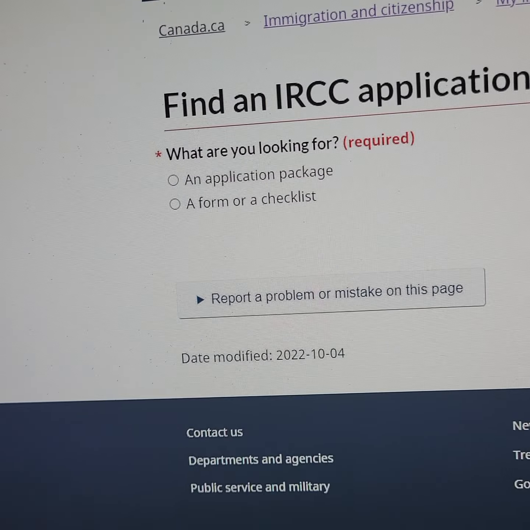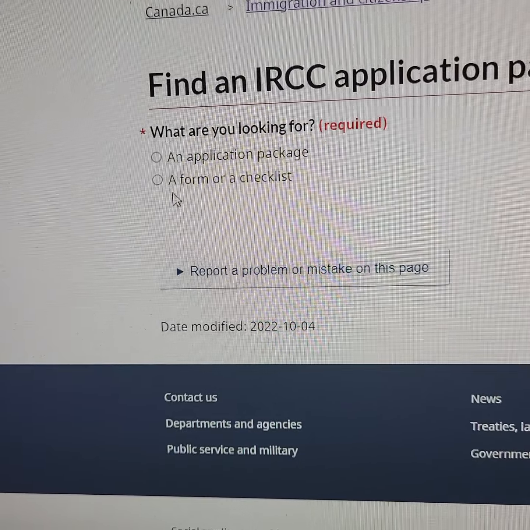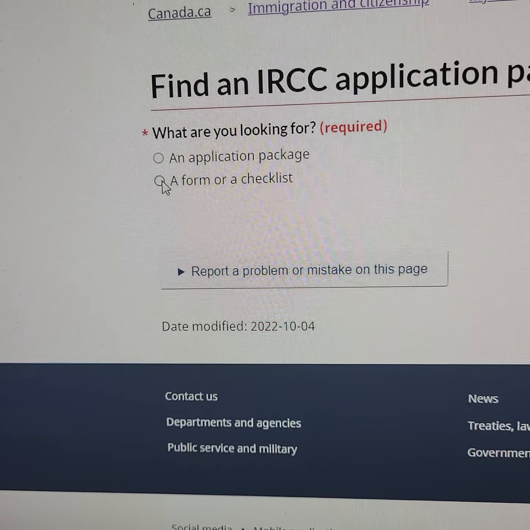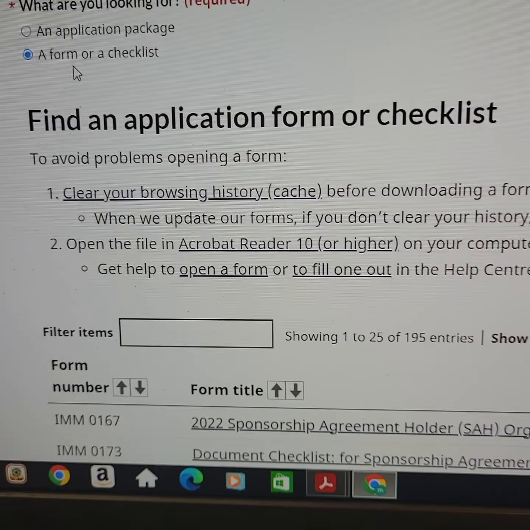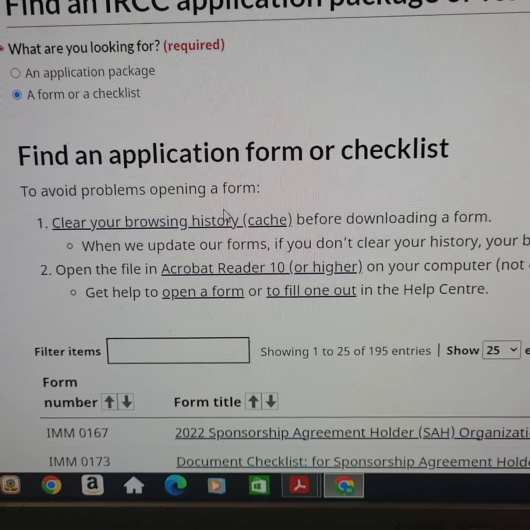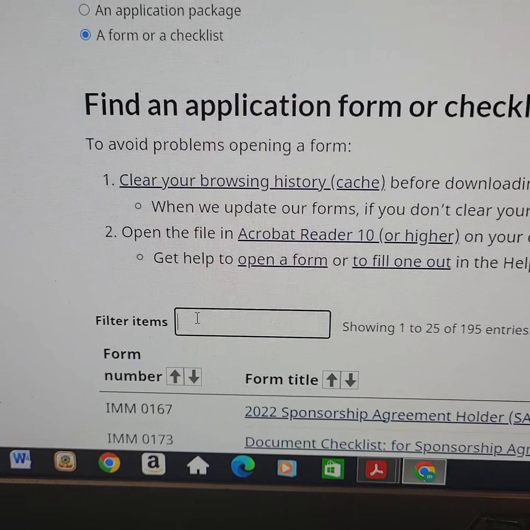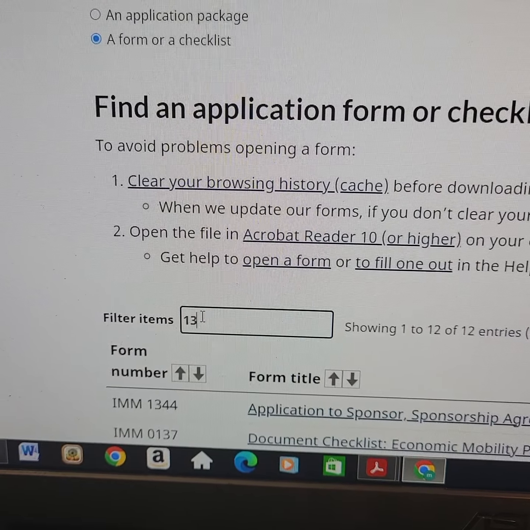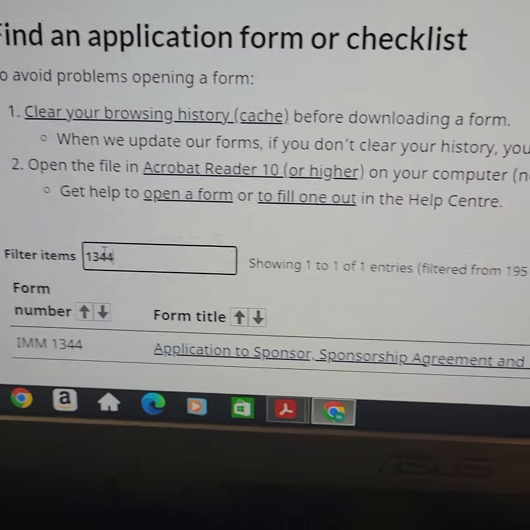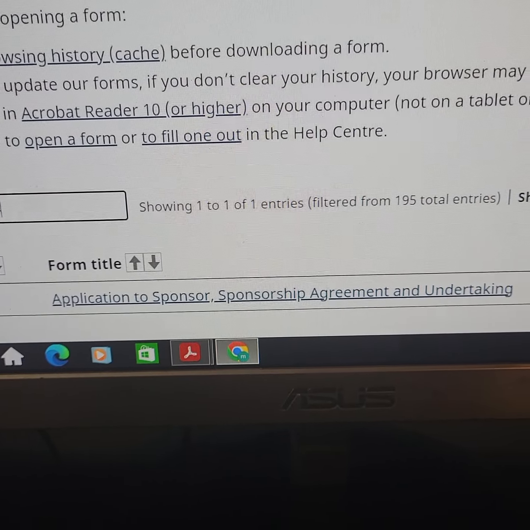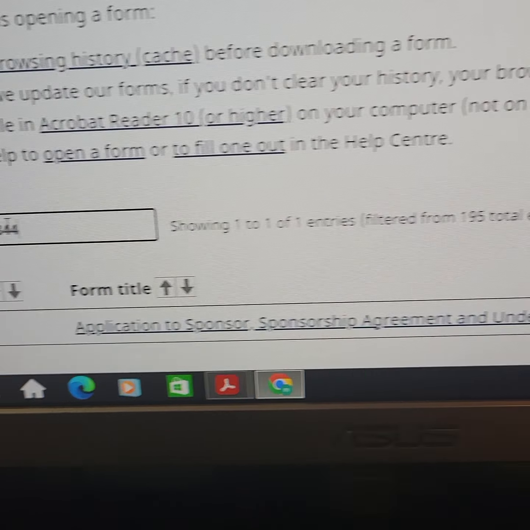Then you will click Find a form or checklist. Once you come to this page, you put in here 1344, and right there the sponsorship application will appear.